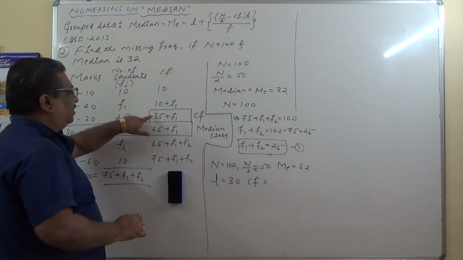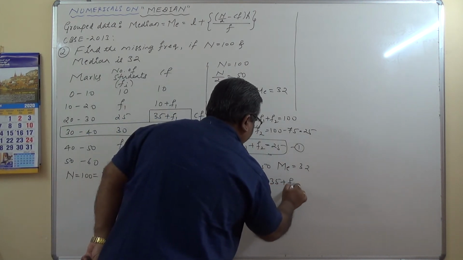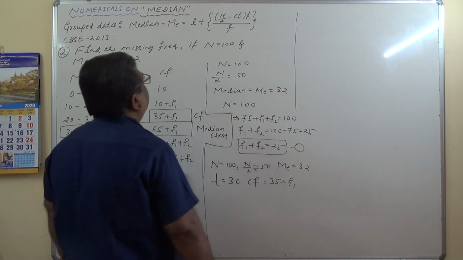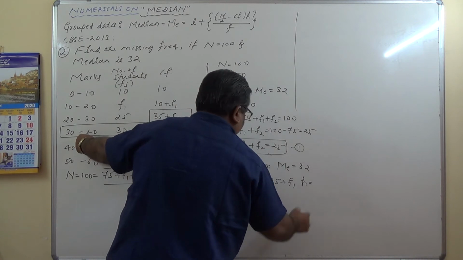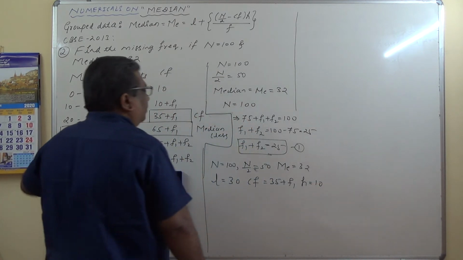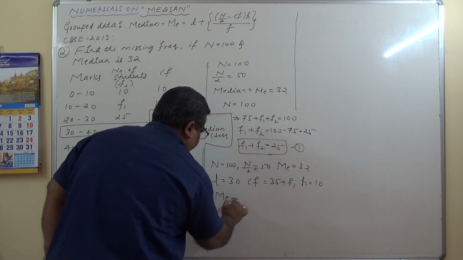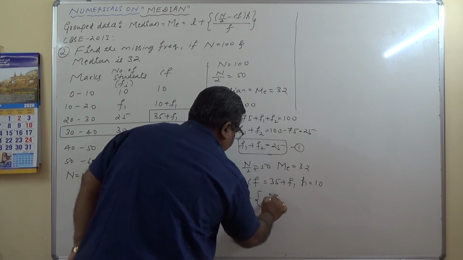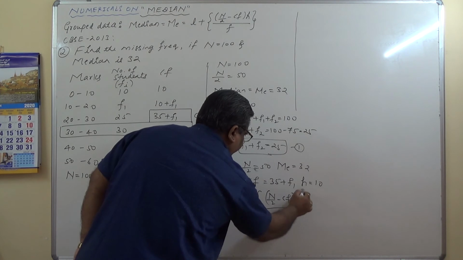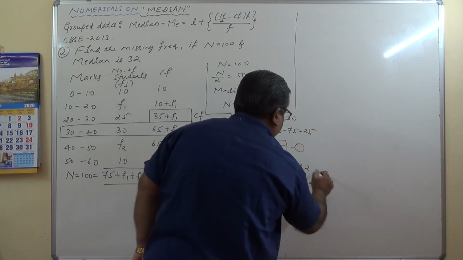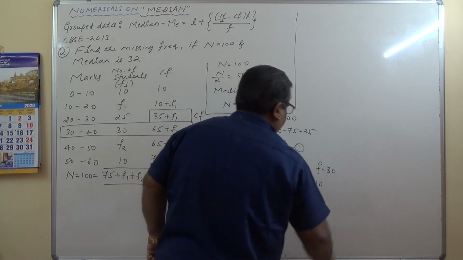CF is equal to 35 plus F1. What else? H is required. It is 30 to 40, meaning class size is 10. That's all. So median equals L plus (n by 2 minus CF) into h divided by f. F also I will note down here. F is 30 here, the frequency of the median class.